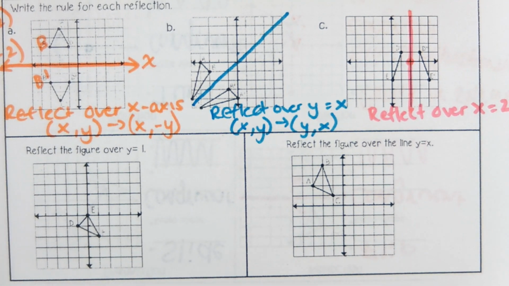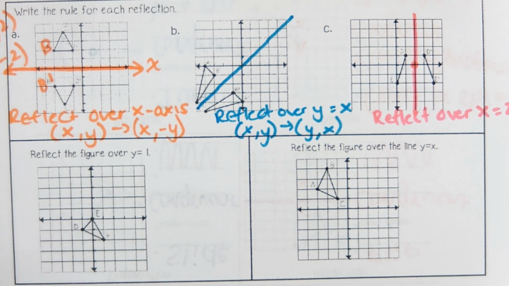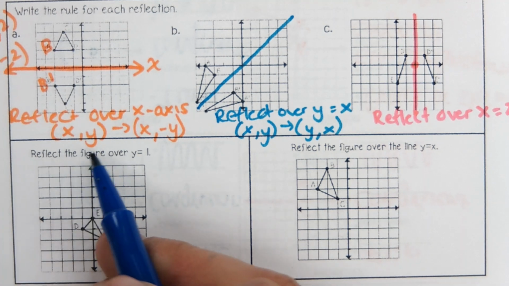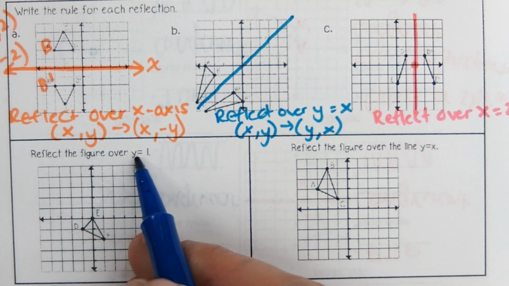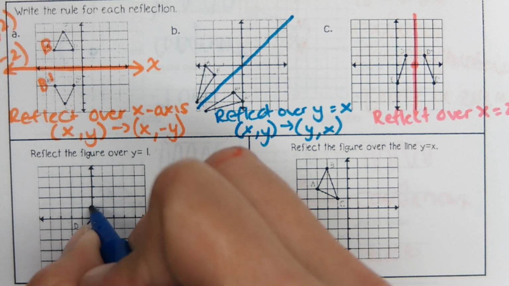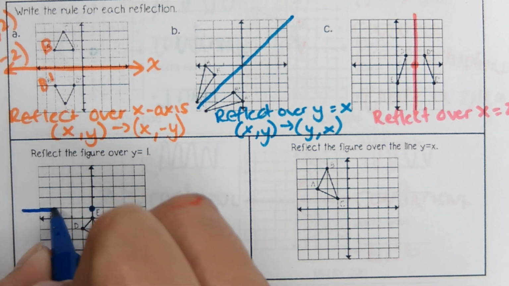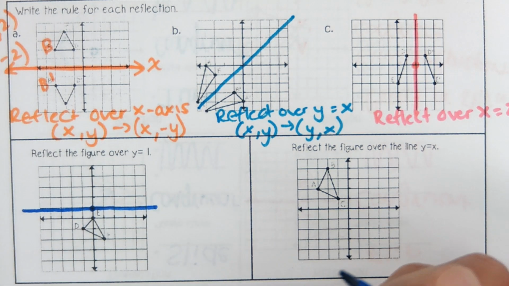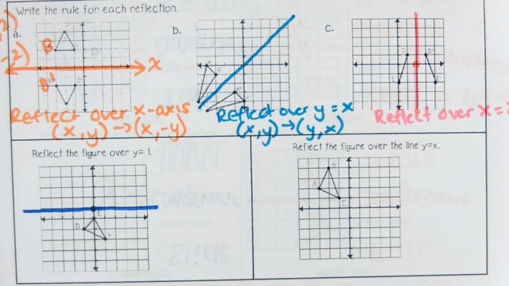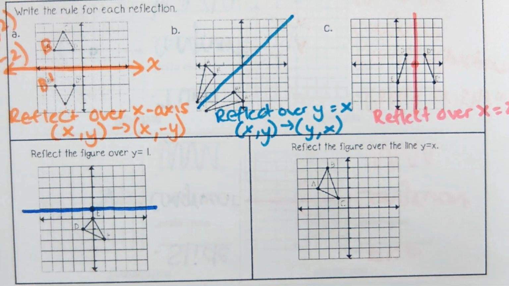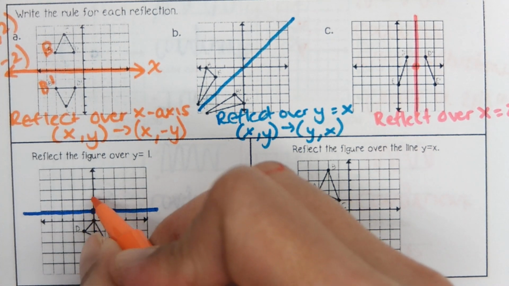Okay, and then this part, it says reflect the figure over a certain line, and we're actually doing the reflecting. So we have to determine what this line is. y equals 1. y equals 1 is right here. So this must be the line of reflection. And so I'm going to reflect each one of these points over the line.